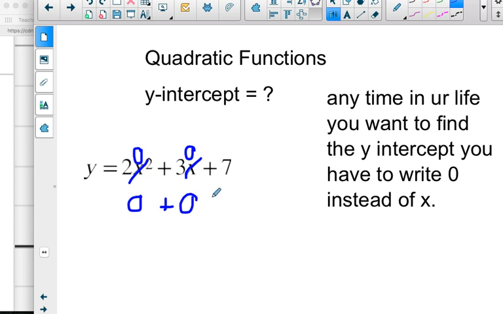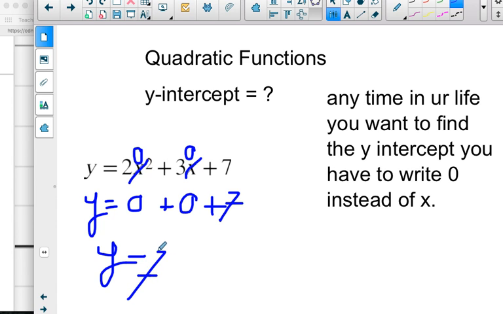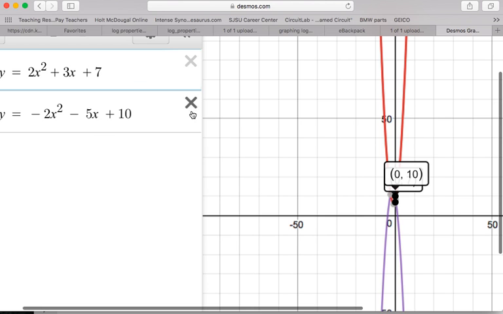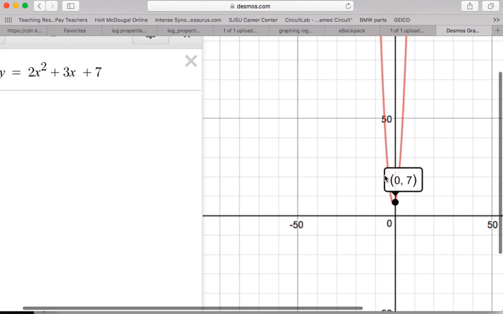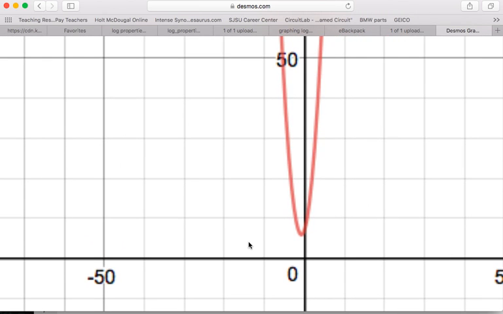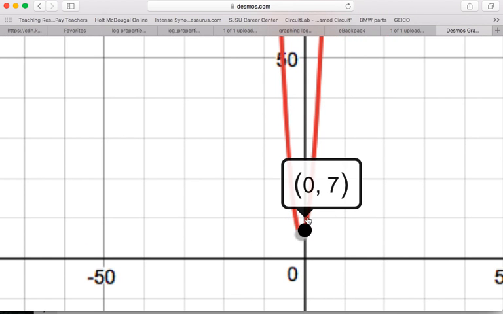And the only term we ended up with is 7. So 0 and 0 are neutral. We don't have to write them down. So y is equal to 7. That's such a beautiful 7. Awesome. See, this 7 is the same number that we find here, right? There you go. Y-intercept right there, 0. Okay, there you go. Beautiful.